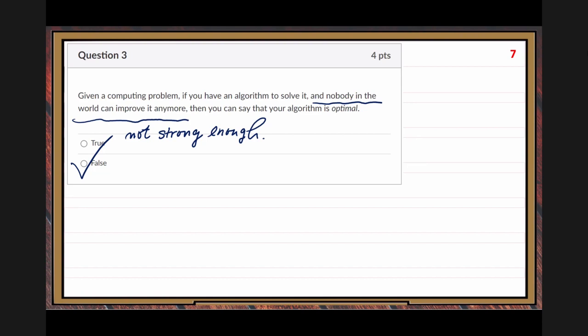Not strong enough, because for some hard problems, our current generation cannot improve. Can you imagine our future generation can improve? After hundreds of years, people smarter and better than us, they can improve. That's why I say not strong enough.